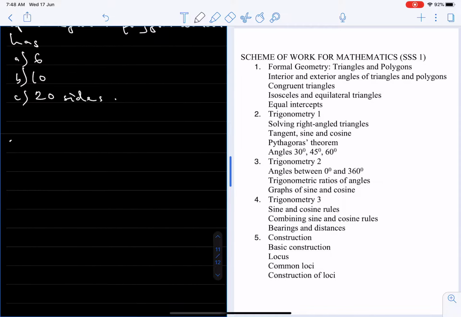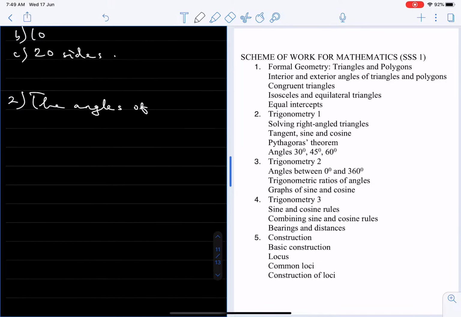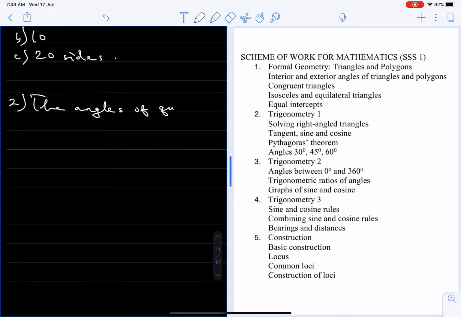Now number 2, the angles of a quadrilateral taken in order.